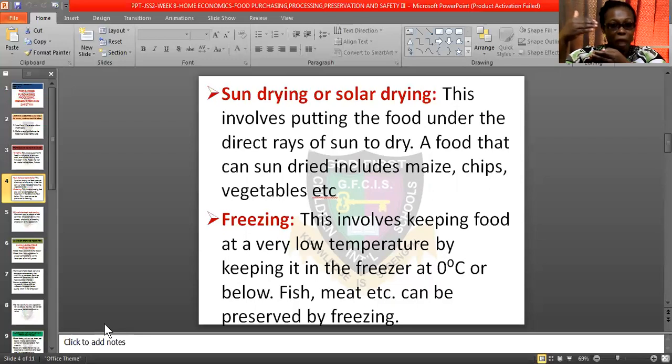Are you getting it? Put it in a partition of the freezer in order to keep it safe. But when you want to use it, you bring it out to defrost, and you still get the freshness of the first day. Are you getting? So you freeze those kinds of food in order to get that. But you cannot put your vegetables in the freezer. I hope you know. All right, let's look at the other one.